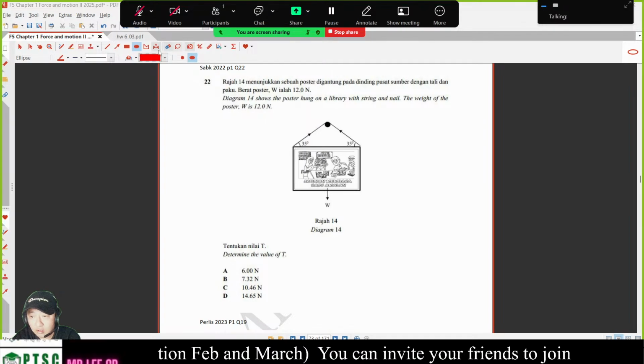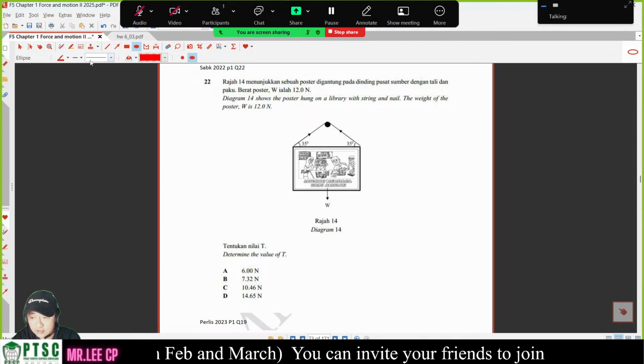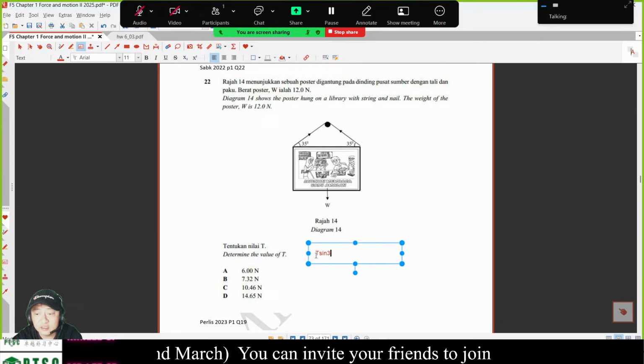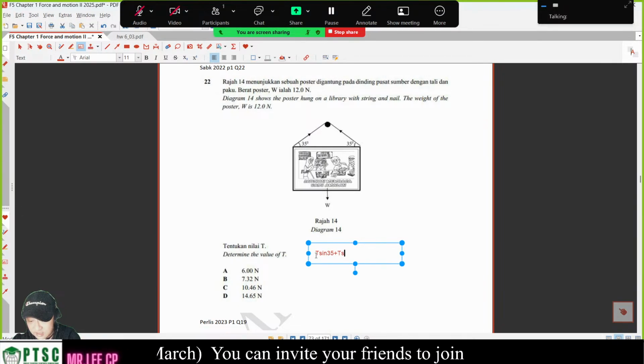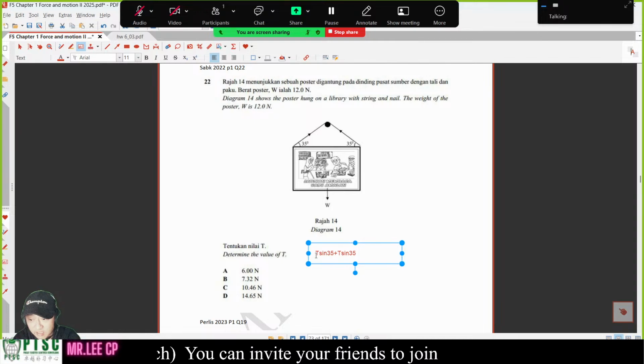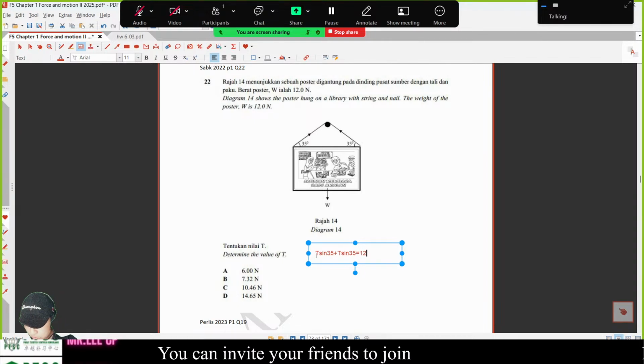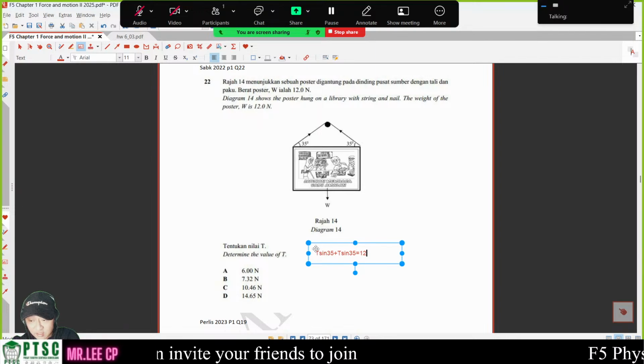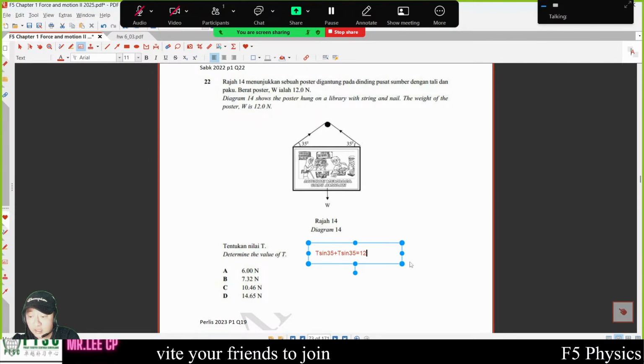So T sine 35 plus T sine 35 is equal to 12. Right? So this sine 35 plus sine 35, you factorize. So you bring it down.